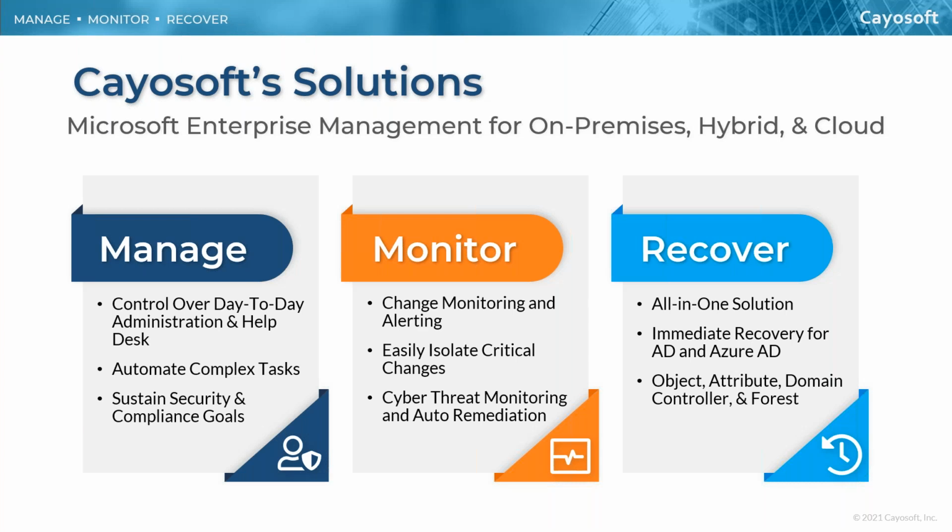And that recovery solution is an all-in-one recovery solution. So the simple things that are more common that cause outages or cause problems, changes to group membership, somebody has their license revoked, a bunch of people lose their licenses in Office, some groups were deleted, whatever. We do all of that in our recovery solution, and we do it immediately because we're constantly looking for changes and we're recording all changes.